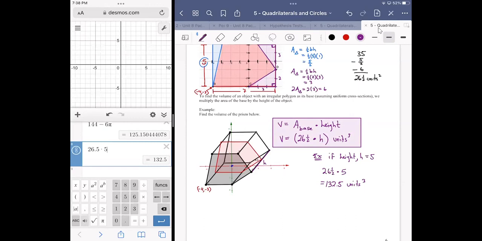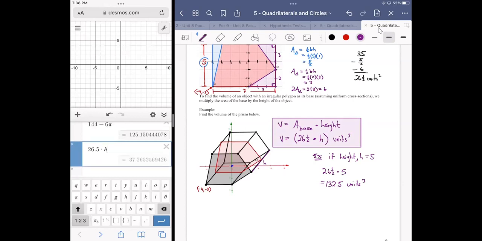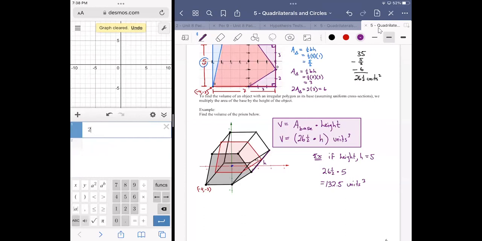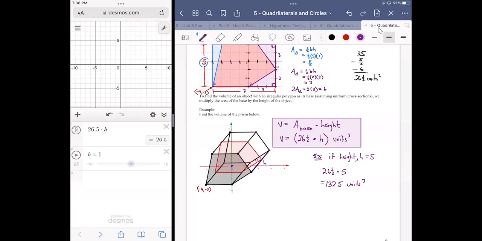But if I needed to, on Desmos, for example, and other forms of technology, I could leave it as 26.5 times h and let h be some slider value. So let me just do a new blank graph. 26.5 times h, create a slider, and now I have the ability very quickly to come up with a volume if I wanted to extend my figure.